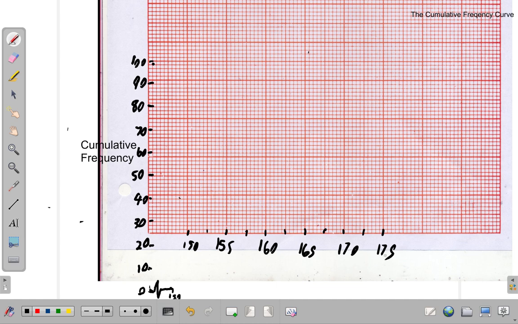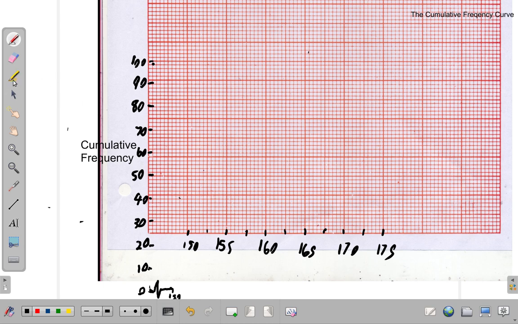Okay, that's a fairly good scale. You would use up most of the graph paper on the y-axis. So that's what would happen.